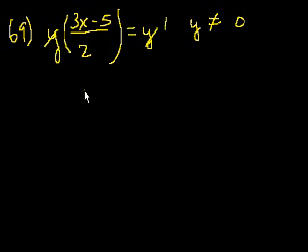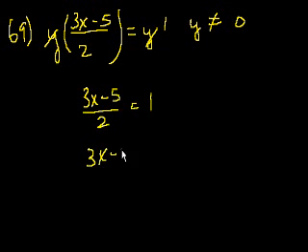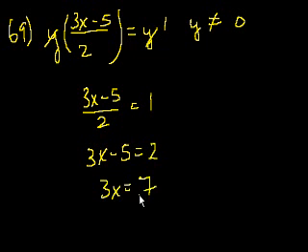So then we're left with 3x minus 5 over 2 is equal to 1. Multiply both sides by 2. You get 3x minus 5 is equal to 2. Add 5 to both sides. 3x is equal to 7. And you get x is equal to 7 over 3, which is choice C.